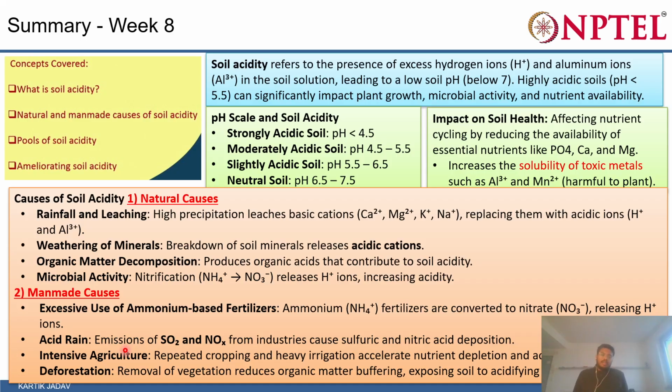So always remember that either by adding something we are causing problems like acidification, or in other cases by intensive cultivation or farming, for which we are using excessive fertilizers, certain kinds of fertilizers, and also there are natural causes, just natural activity that is happening in nature.